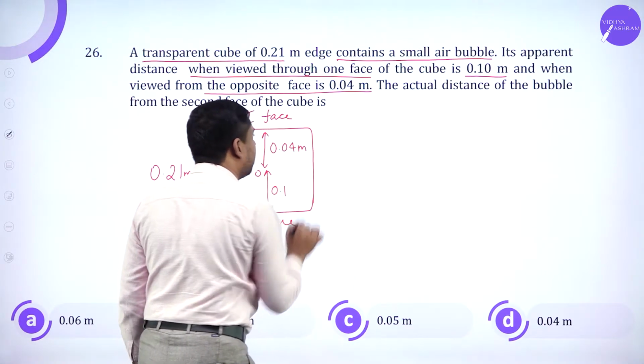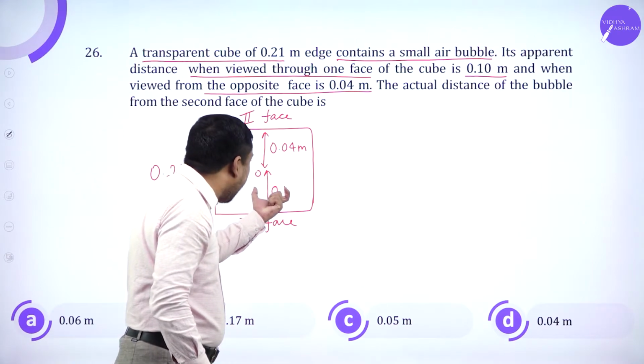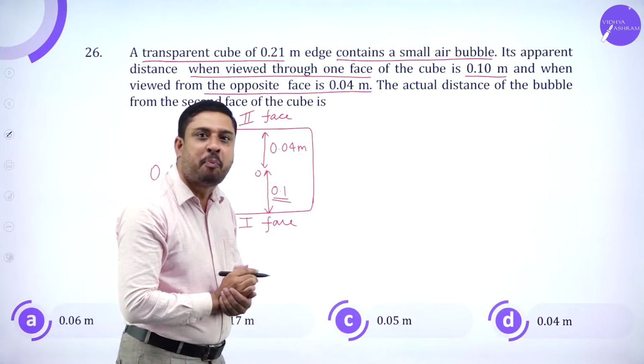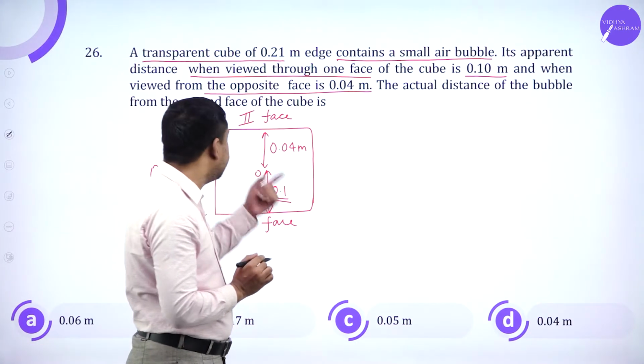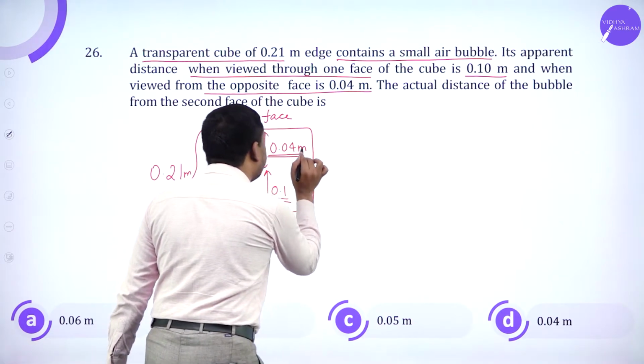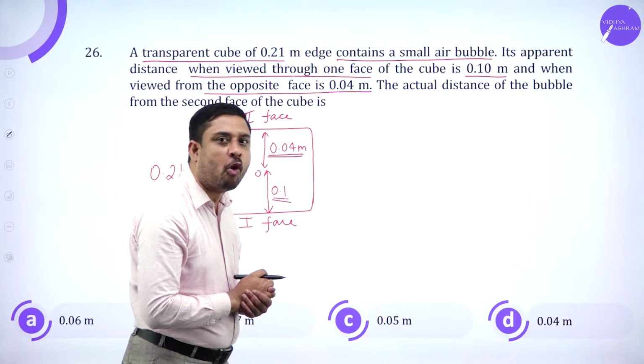0.04 meter. So from the first phase, it appears to be at a distance of 0.1 meter. Second phase, it appears to be at a distance of 0.04 meter.